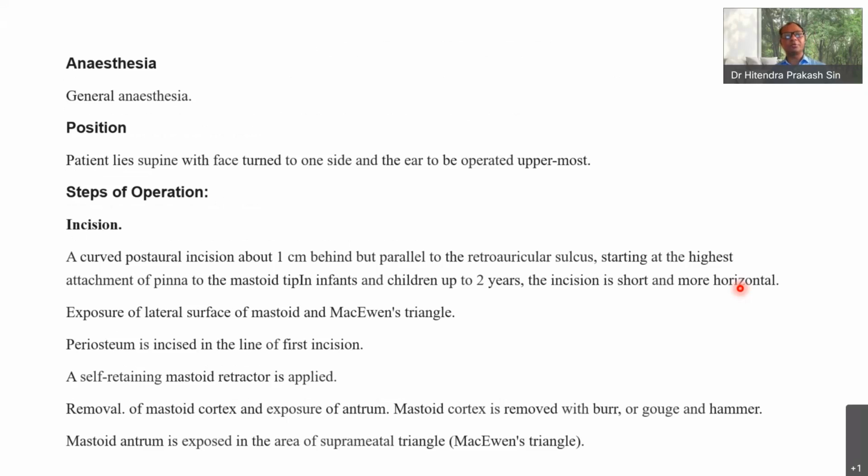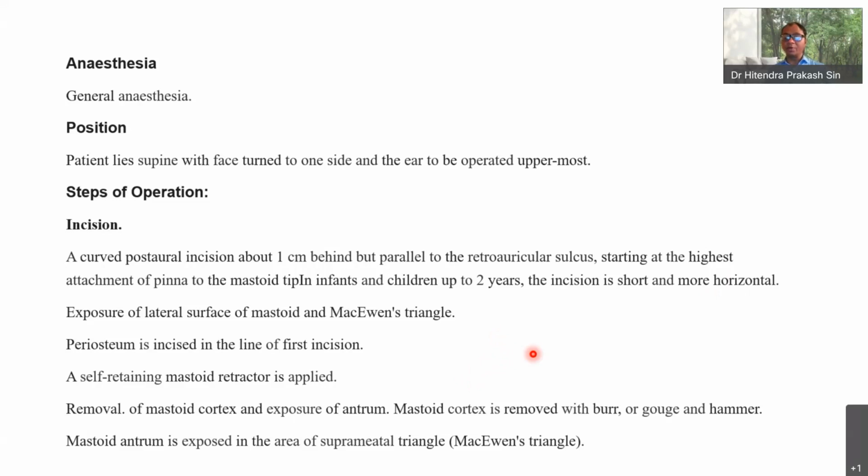How is it performed? It is performed under general anesthesia. The patient lies supine with the face turned to one side and the ear to be operated held up. Steps of the operation: the incision is given, post-aural or endaural, whichever the surgeon likes. Expose the lateral surface of the mastoid and the McEwen's triangle, which is very important to know the area where the mastoidectomy lies. The periosteum is incised in the line of the skin incision. After applying the self-retaining mastoid retractor, remove the mastoid cortex and expose the antrum.